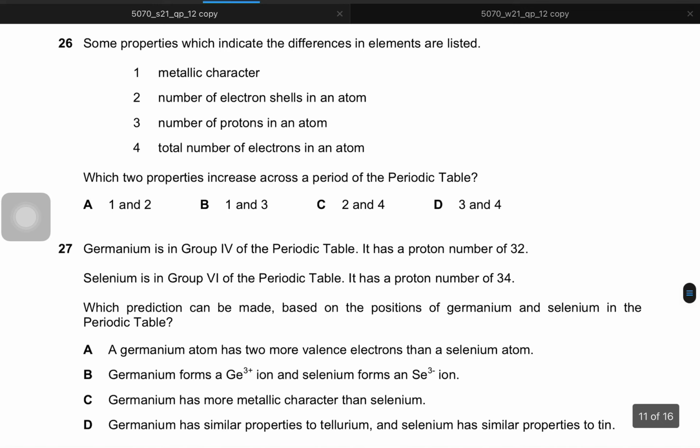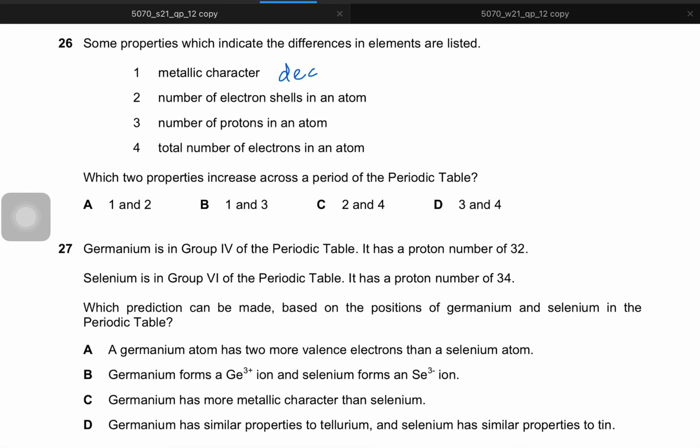Some properties which indicate the differences in elements are listed: metallic character, number of electron shells in an atom, number of protons in an atom, total number of electrons in an atom. Which two properties increase across a period? When you're moving from left to right across a period, your metallic character decreases. You become more and more non-metal, so it doesn't increase.